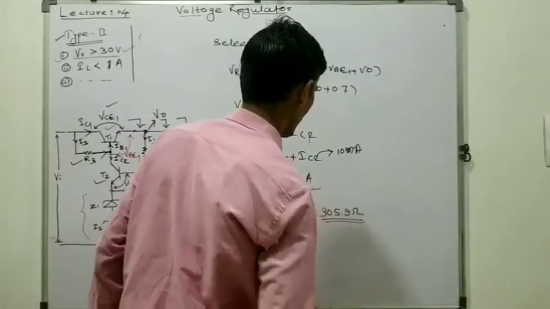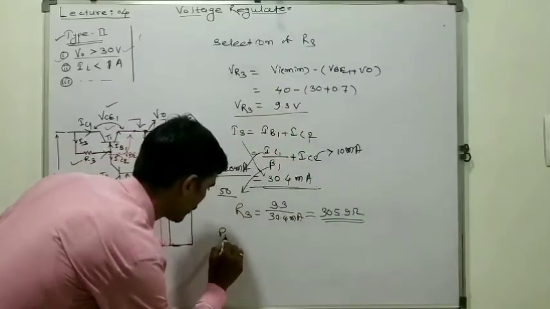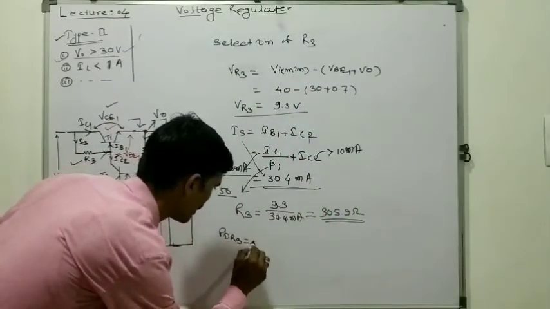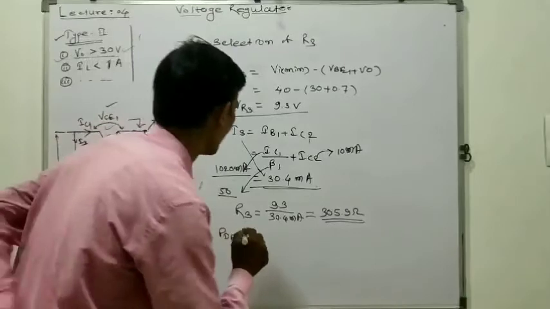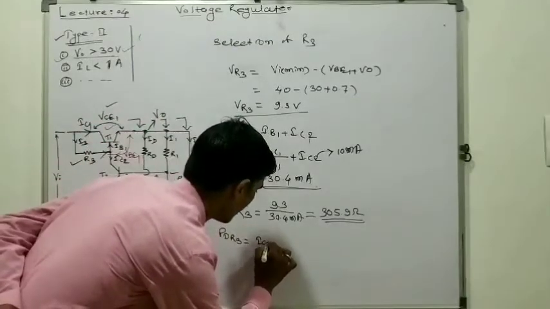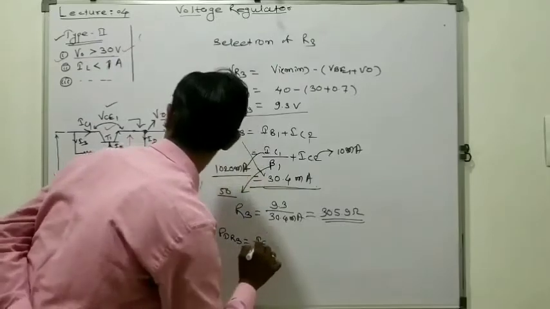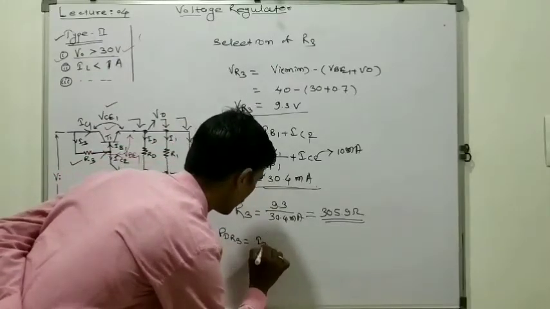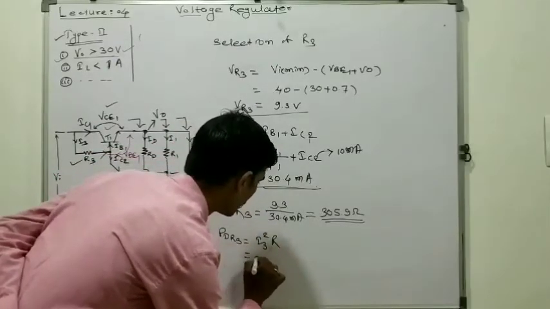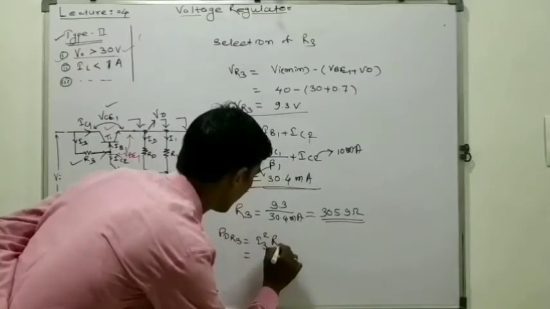305.9 ohm. So finally we just calculate the power dissipation across R3. R3 is nothing but I3 square multiplied by R3.